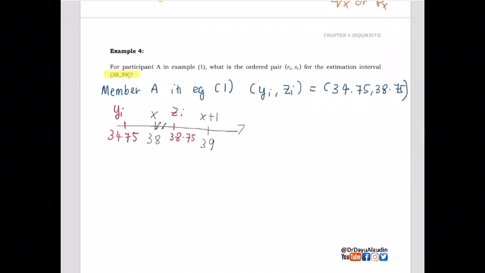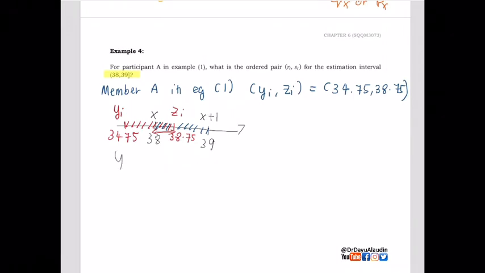So this is the interval estimate, and this is the entry and the exit age. So they share some point here.